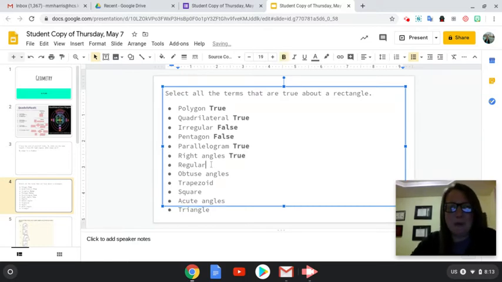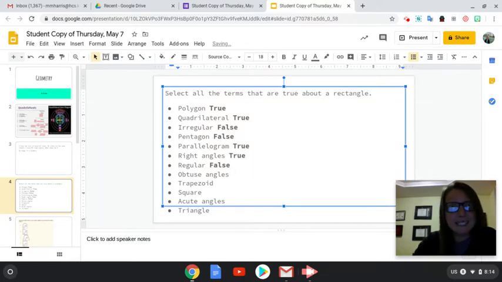Is it regular? Remember, if it's regular, it has all sides congruent and all angles congruent. Now, a rectangle has all 4 angles congruent, but are all the sides congruent? No, so that would be false. Now, we just said a rectangle has what kind of angles?